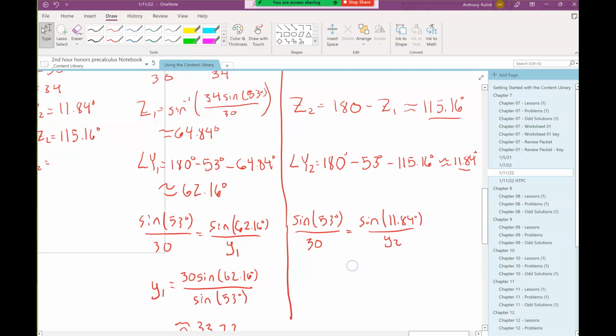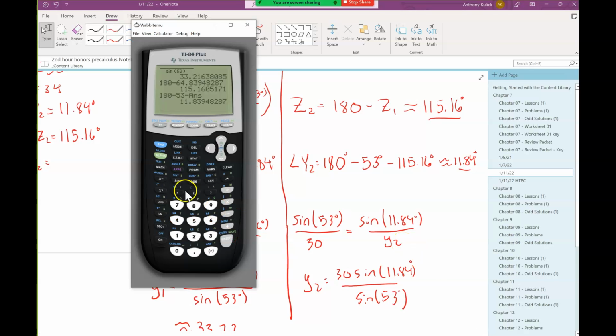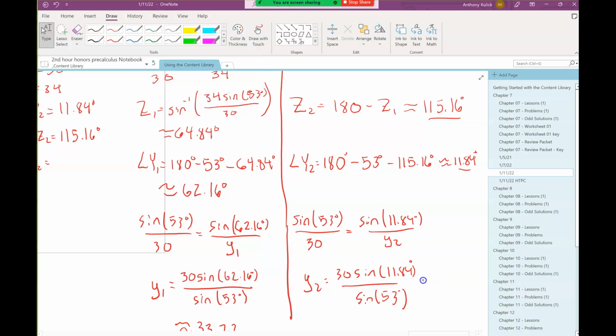Cross multiply, divide by sine 53. Oops. And I get 7.71.